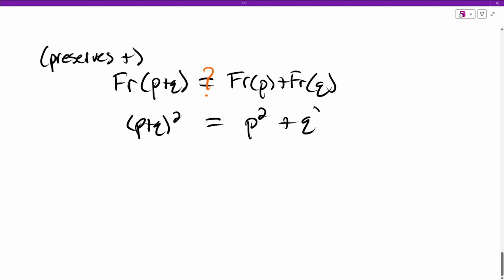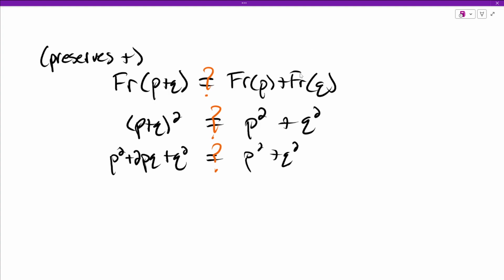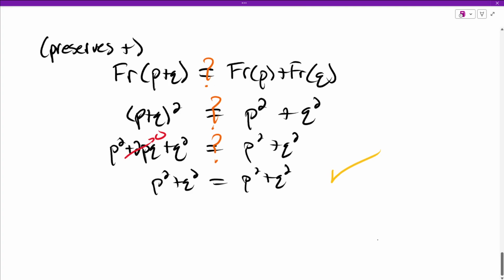We plug in a Q, we're going to square it. All right, P plus Q squared is P squared plus 2PQ plus Q squared. But 2 is 0. So that term goes away, and what we get is P squared plus Q squared on the left, and that's certainly equal to P squared plus Q squared on the right. Fantastic. So it preserves addition, which is very odd, but nevertheless it does.